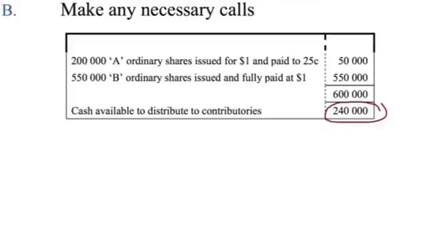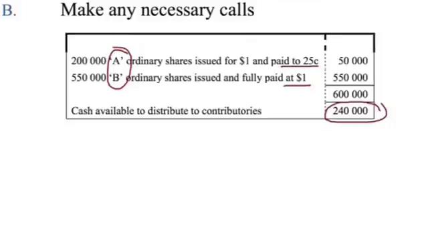They have two classes of ordinary shareholders, an A and a B class. The B class has 550,000 issued, which was fully paid at $1 each, and Class A is 200,000 ordinary shares, also issued for $1 but only paid to 25 cents.